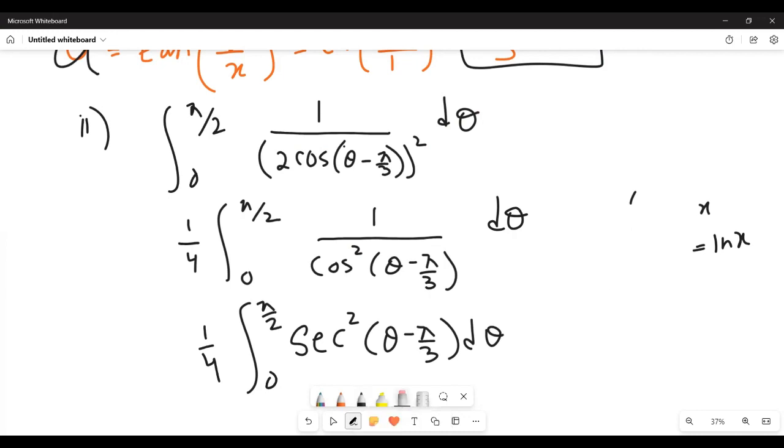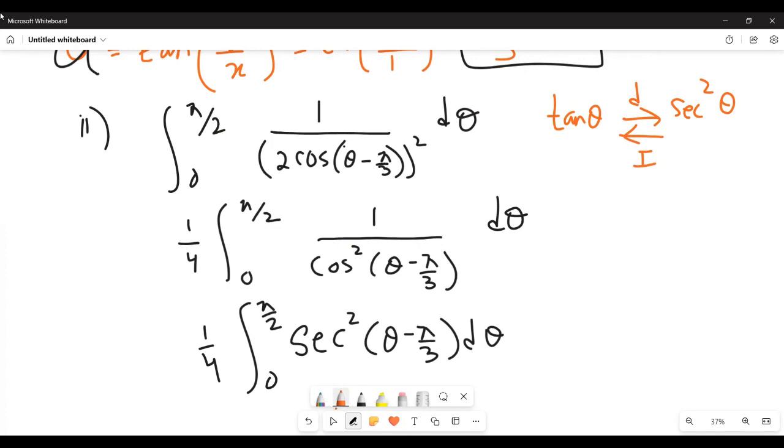And we know the integration of secant square. The derivative of tan theta is secant square theta, and secant square theta when integrated becomes tan theta.